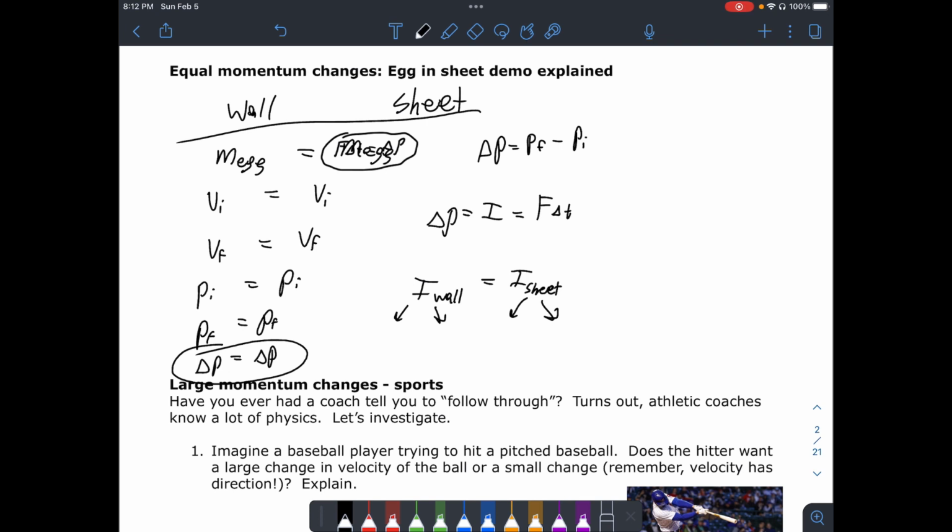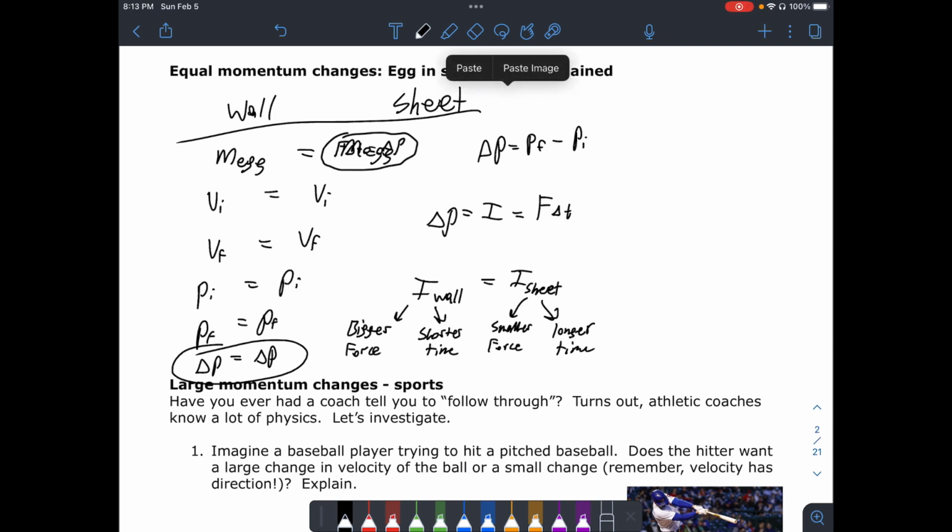Our wall scenario had a higher force, or a bigger force, and a shorter time, whereas the sheet had a smaller force, but a longer time, which came out to be equal.